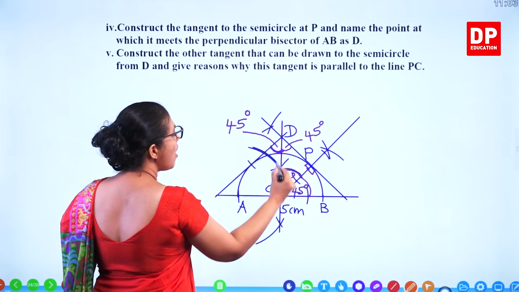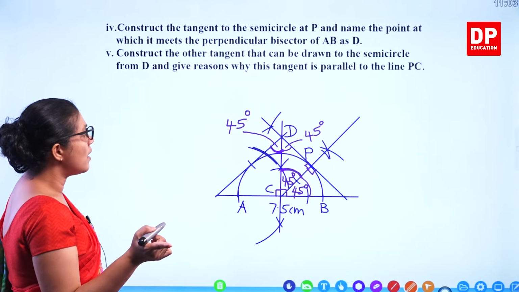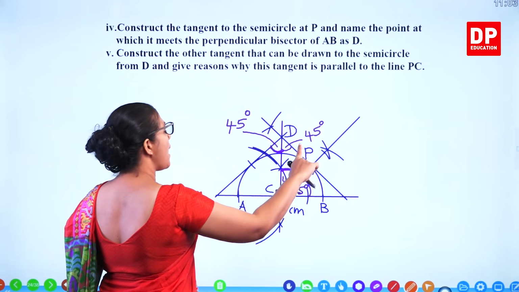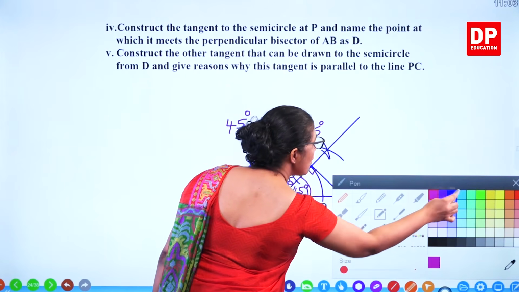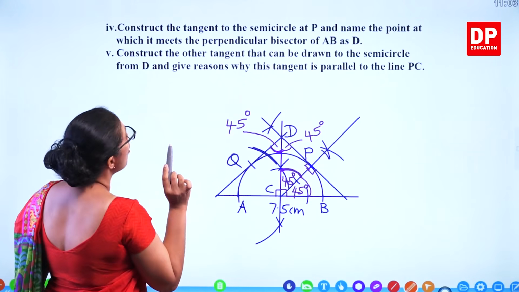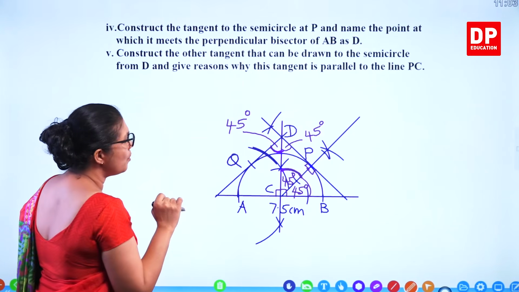These two are alternate angles. If alternate angles are equal, we can say these two lines are parallel. So we'll put a point here for this one. We'll take this point is Q. It's not mentioned to mark this one, but we can say this is Q.